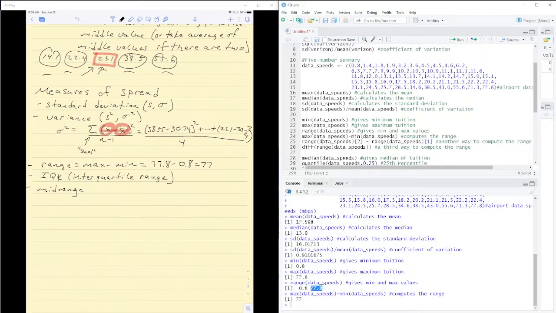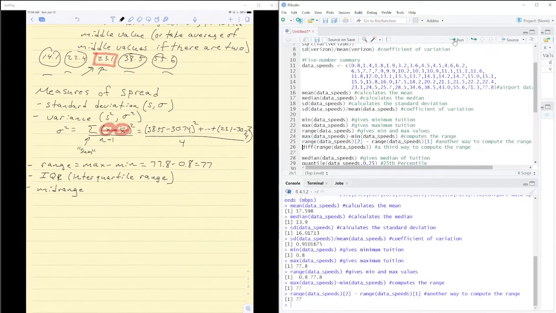And remember on the first day when we did an introduction to R, we talked about how to extract certain numbers from a vector or a list with these brackets. So bracket 2 will give me the second thing in the list. Bracket 1 will give me the first thing. So what I'm doing here, I'm saying, okay, I want to take the range and I want to take the second number minus the first number. And that will also give it to me.